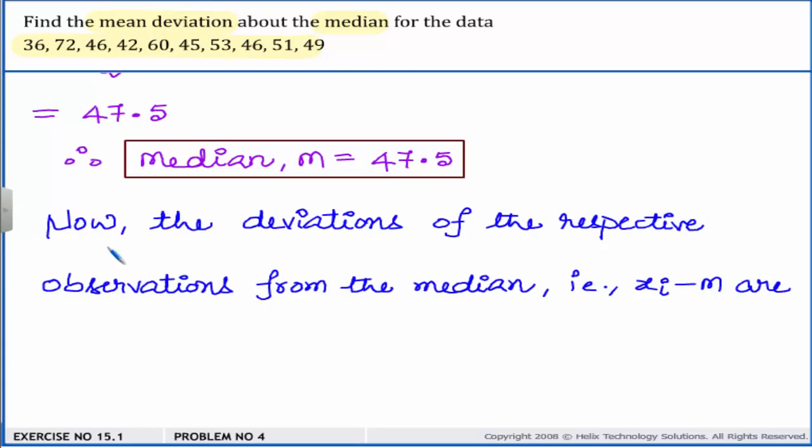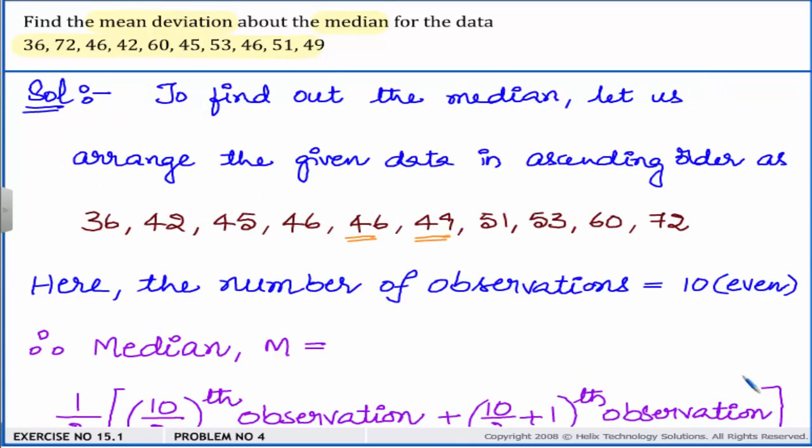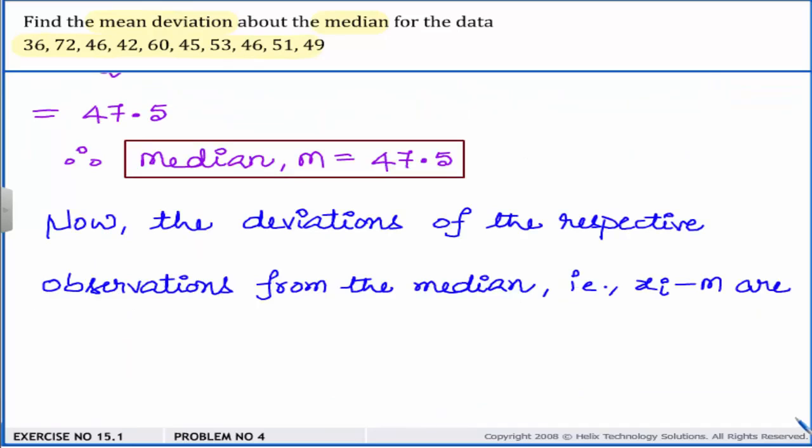Now, the deviations of the respective observations from the median, that is xi minus m, are: the first number we have, that is 36. Therefore, 36 minus 47.5, which is equal to minus 11.5.